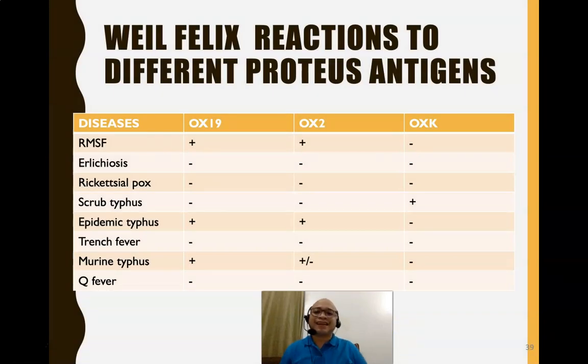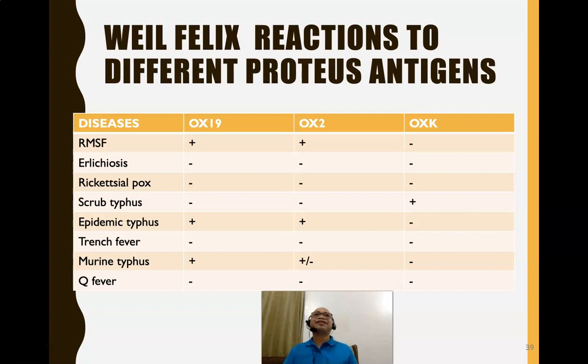These are the reported results of the different diseases in the Weil-Felix test. As you can see, a negative result doesn't actually tell you anything at all, because trench fever, rickettsialpox, and ehrlichiosis may yield negative results in the Weil-Felix test. That's the reason why it doesn't really gain much popularity in the clinical laboratory.